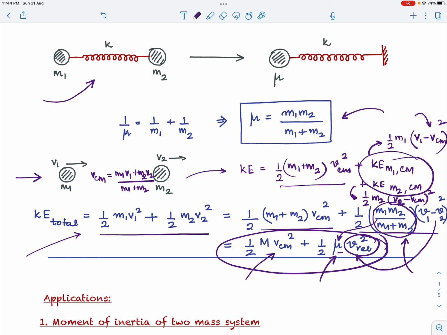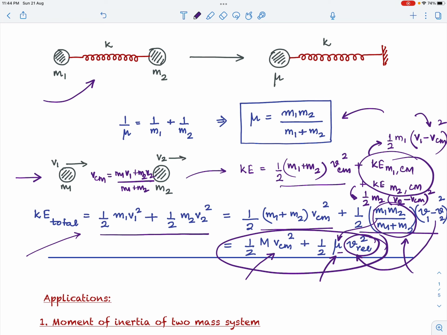There is a little bit of calculation that goes into it. You can try this out and check for yourself that the moment of inertia of this system of two particles can be written in terms of its reduced mass, which we can now consider to be at a distance R from the axis of rotation. So, you can directly use this term for the moment of inertia of the system of two masses.